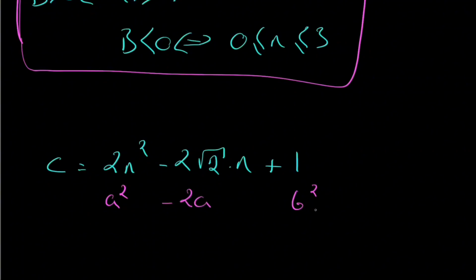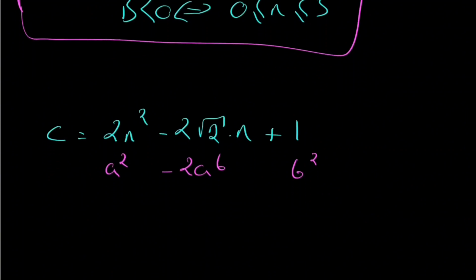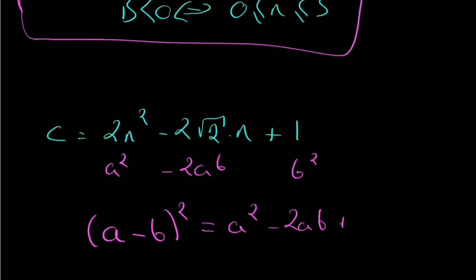Okay, so if b squared is 1 and we have a minus here, maybe it is because we have something like (a minus b) squared is equal to a squared minus 2ab plus b squared.